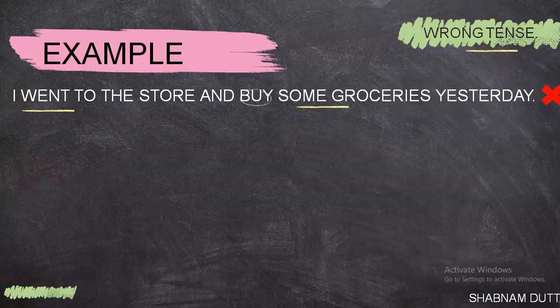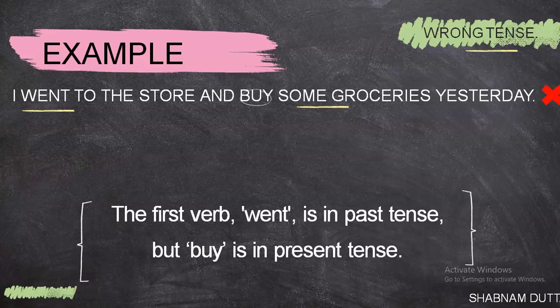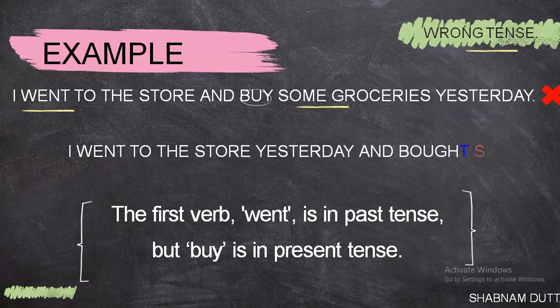Because here the first verb "went" is in past tense but "buy" is in present tense. So the correct answer should be, "I went to the store yesterday and bought some groceries." Clear? Did you get the correct order of the sentence?